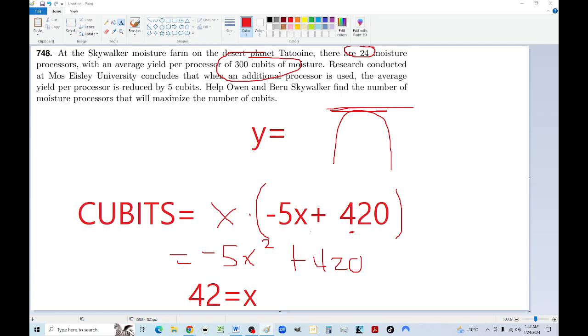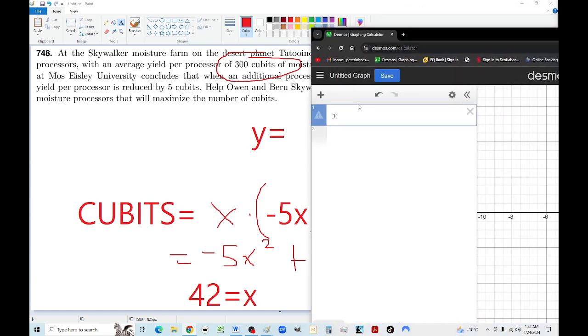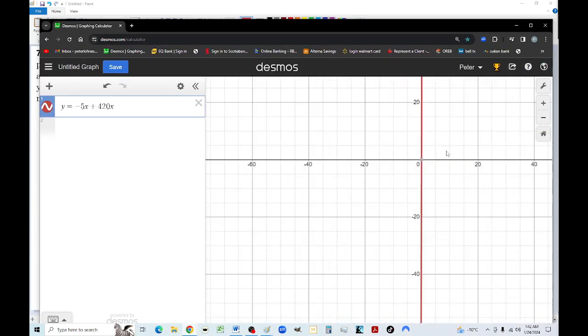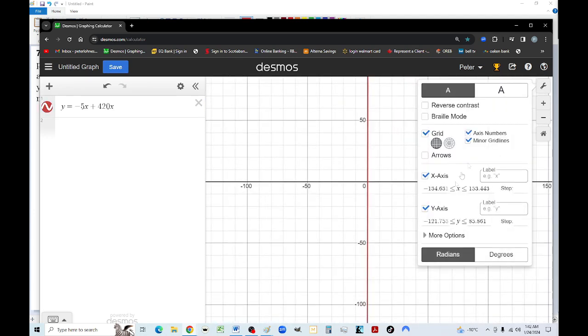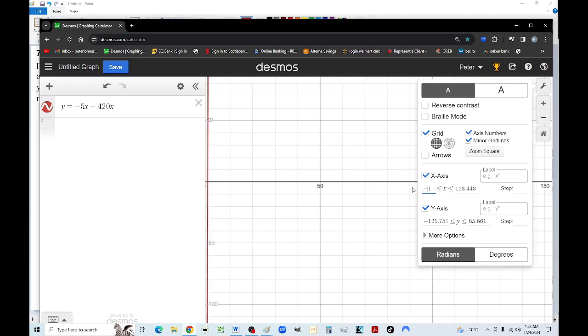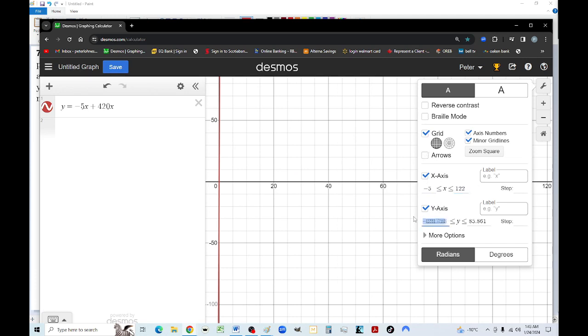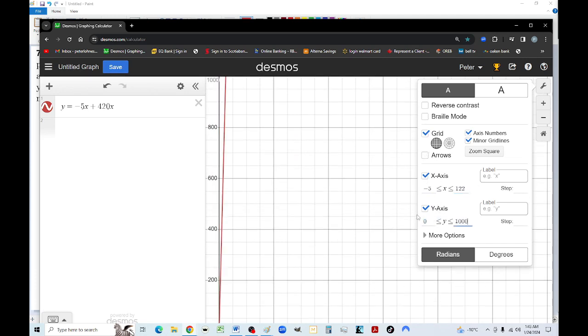Now, to confirm these answers, the best thing you can do is to write in your formula minus 5x squared plus 420x and find where it happens, so apparently 42. So you've got to make your x go from, let's say, minus 5 to 122, and we're going to make our y way up high, like 1,000.